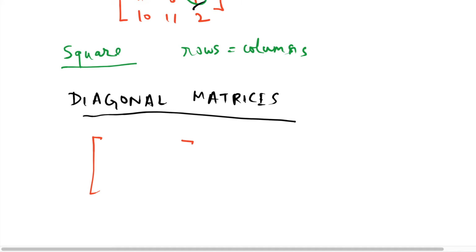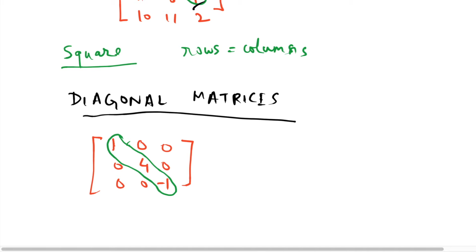Let's consider a few examples. Let me create a diagonal matrix here: 1, 0, 0, 0, 4, 0, and 0, 0, minus 1. In this case, the principal or main diagonal is 1, 4 and -1, and all the entries above and below the main diagonal are 0.